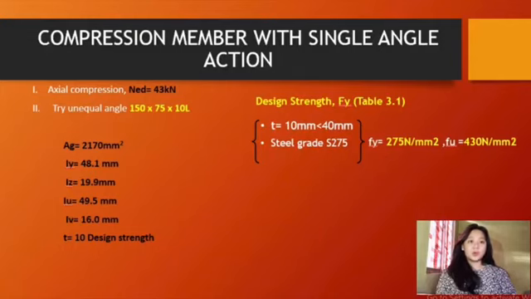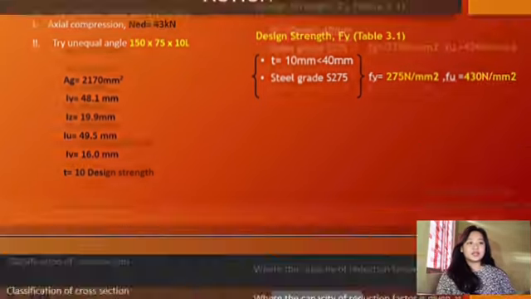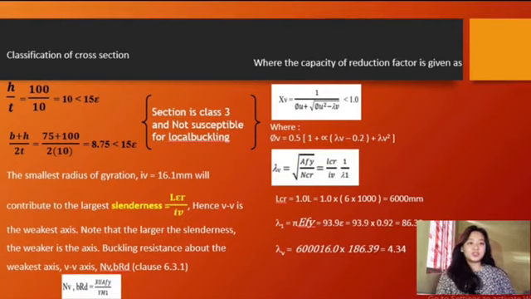Dan di sini untuk compression. Untuk axial compression, NED kami dapat 43 kN, dan tension capacity tri-unequal angle is 150 times 75 times 10L. So, data ini kami dapat juga macam yang tadi, boleh dapat daripada steel building design data. Dan bagi yang classification of cross section, kami dapat ialah section is class 3 and not susceptible for local buckling.